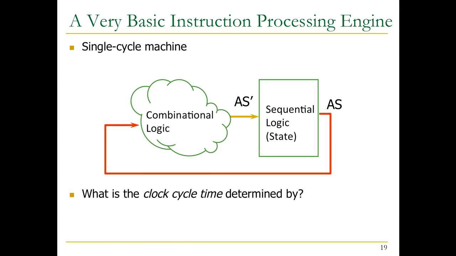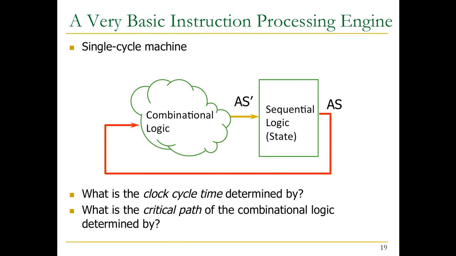But what determines the longest path? Okay, yeah. I'll ask you the next question. I knew that you were going to answer this way. What is the critical path of the combinational logic determined by if you're designing the single cycle machine? By the propagation delays of the components.